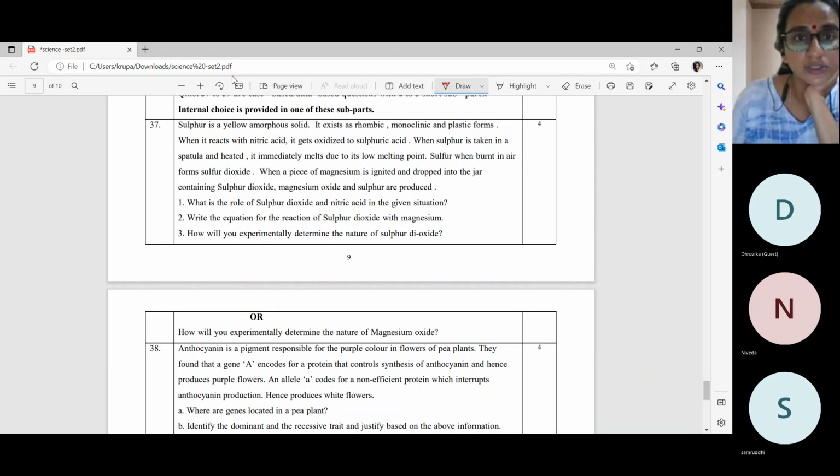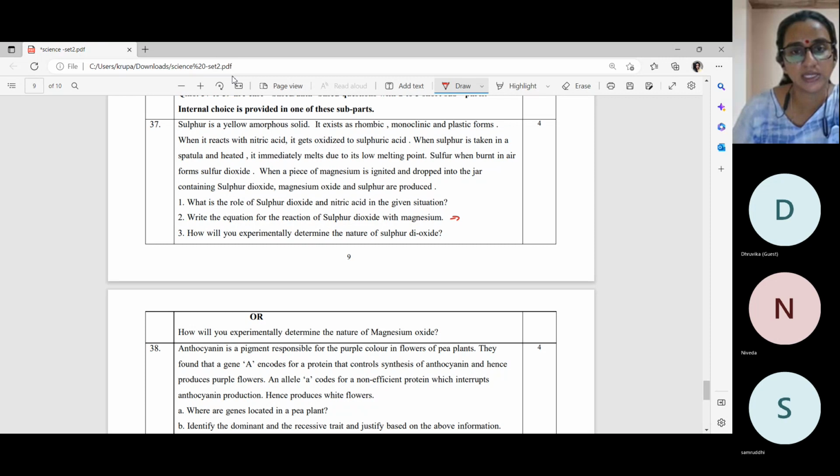Okay. Sulfur is burnt to form sulfur dioxide. Nitric oxide is definitely used as an oxidizing agent. Absolutely correct, because we're using that to convert sulfur dioxide to sulfuric acid. Where are we using the sulfuric acid? Okay. Sulfuric acid will also be an oxidizing agent. You guys comfortable with this equation?